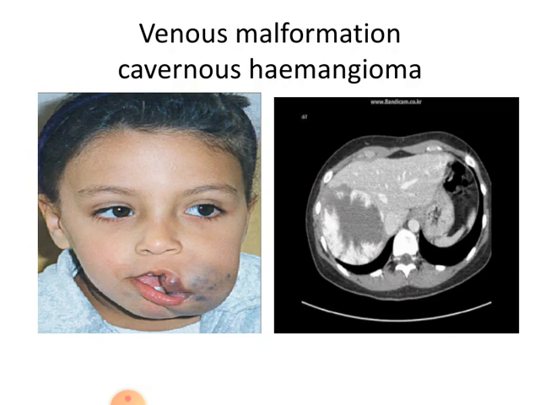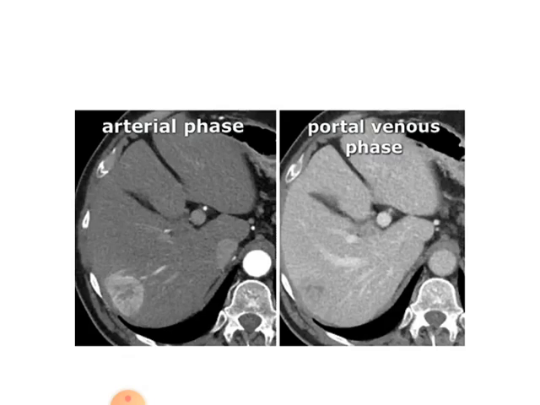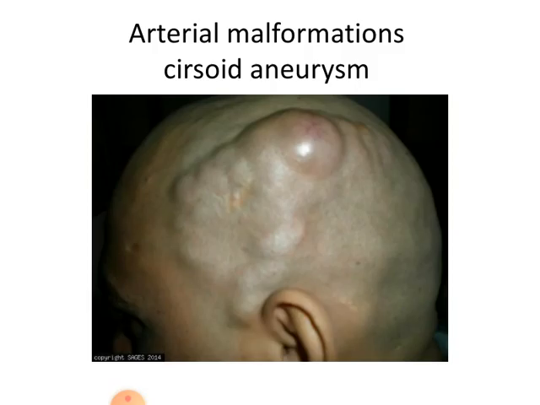Venous malformation, cavernous hemangioma, is the most common. It occurs at the lip or cheek leading to macrocheilia, or the tongue leading to macroglossia. It occurs in internal organs like the liver, which is common, as we see in the CT scan. The treatment is sclerotherapy, ligation of the feeding vessel, or surgical excision, which is difficult.